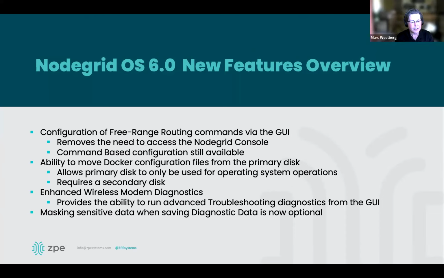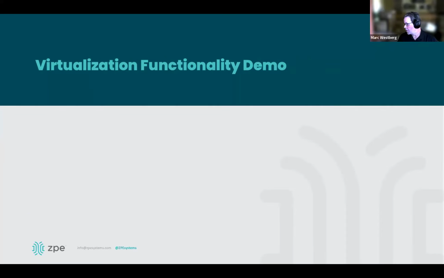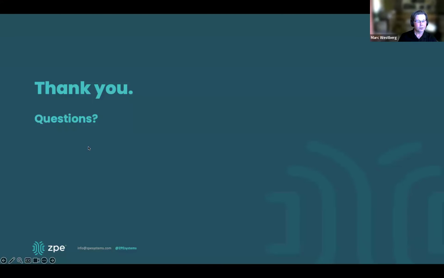So if it's coming to ZPE for a problem, or it's diagnostic data for a device that a ZPE Systems device is hosting, we can get that and mask the sensitive data. So with that, I'll move into the demo.